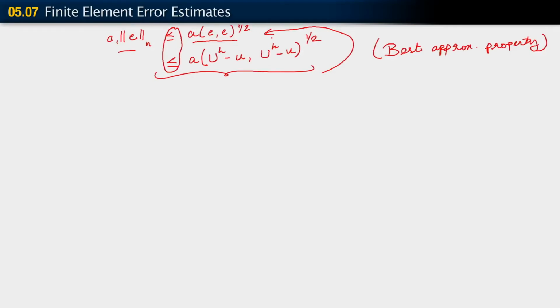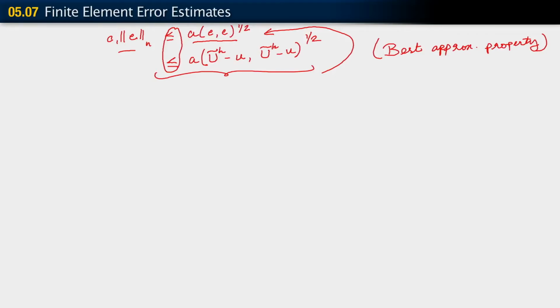Okay? But now note that when we chose those functions u_h, included in those functions was this interpolate u tilde_h. Because u_h, after all, was just functions living in S_h, right, and satisfying the Dirichlet boundary condition.